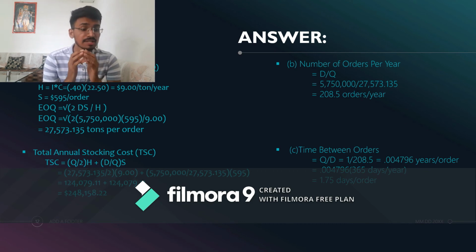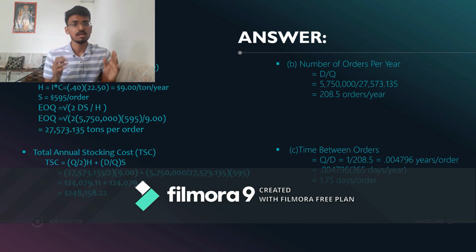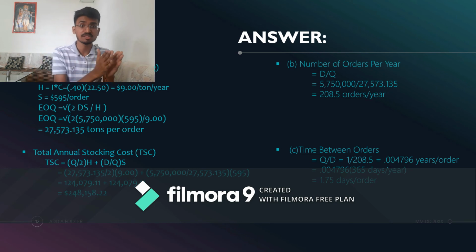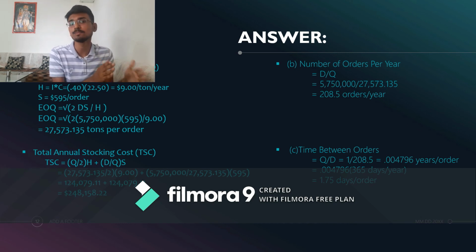Next is the time between orders. So the time between orders is Q by D. Q by D gives us the time elapsed between two orders, or we can say a single order will last for this much time at maximum, and at that point of time we have to make the next order so that we will never go out of stock.